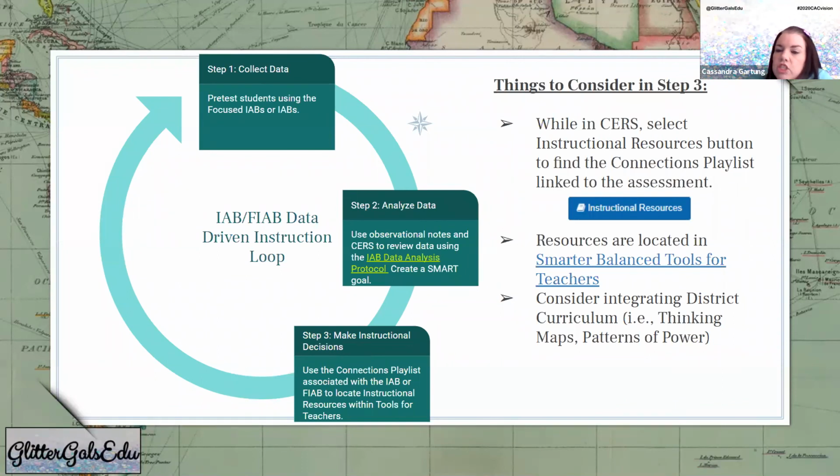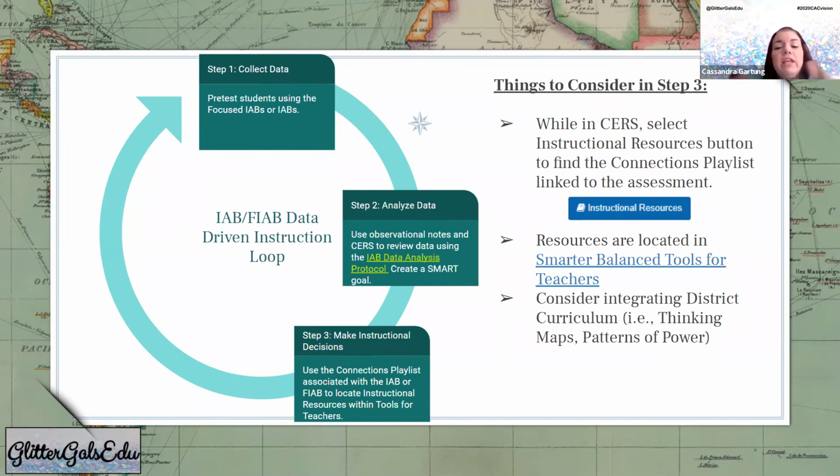And what I mean by connections playlist is it's going to give you a progression of skills that the student should be able to do when they're below, at, or above. And then it's going to give you resources to help you with the students and teach the students those particular lessons that they need to have to fill those gaps, so to speak.